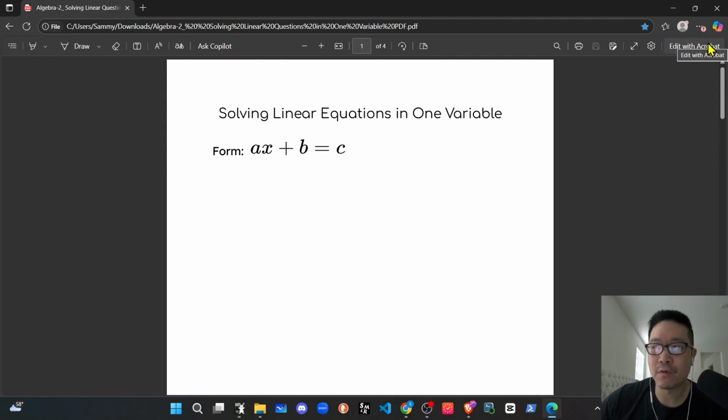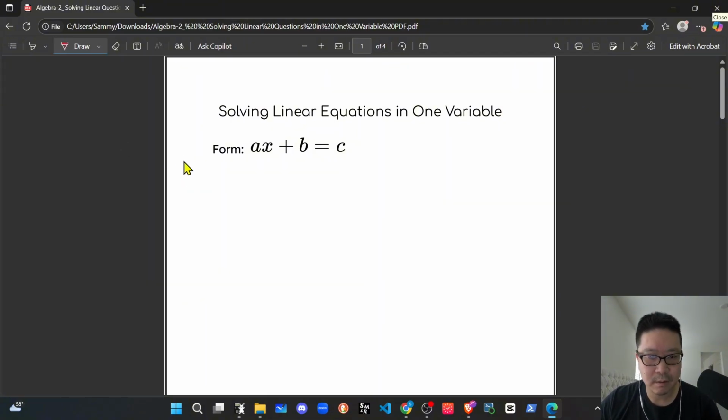We're going to be going over solving linear equations in one variable. Linear equations come in the following form: ax plus b equals c. So some examples of linear equations are like 3x plus 5 equals 7.